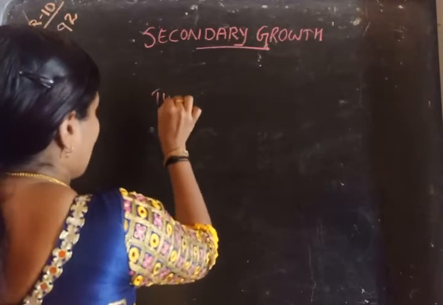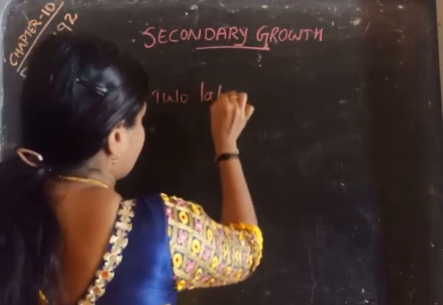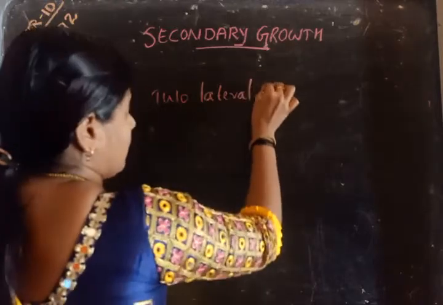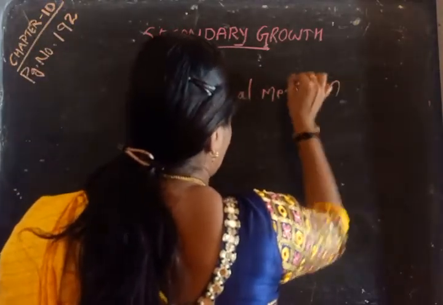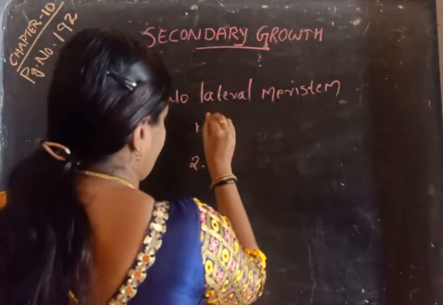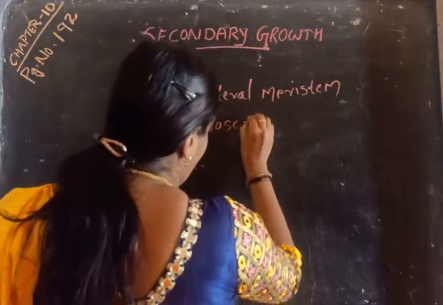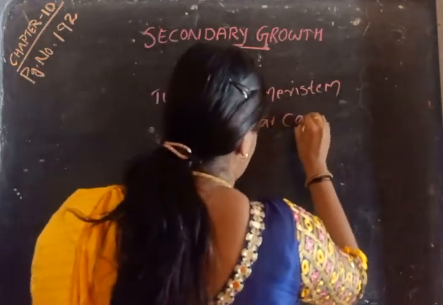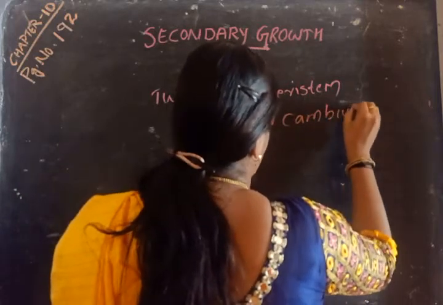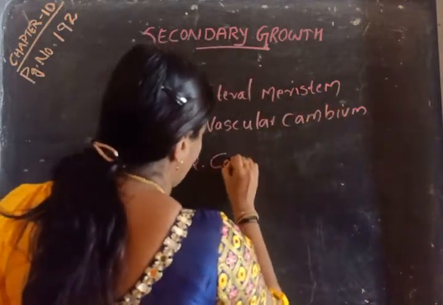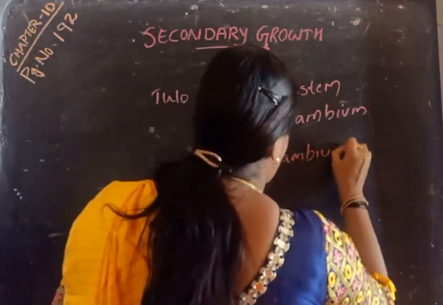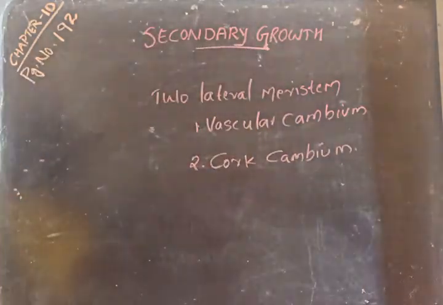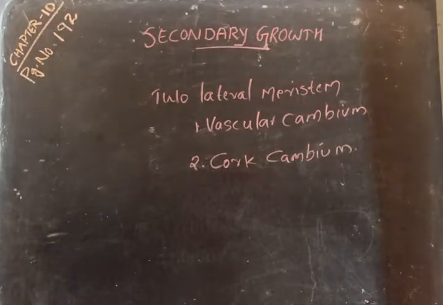The first one is vascular cambium and the second is cork cambium. These are the two lateral meristems responsible for secondary growth.